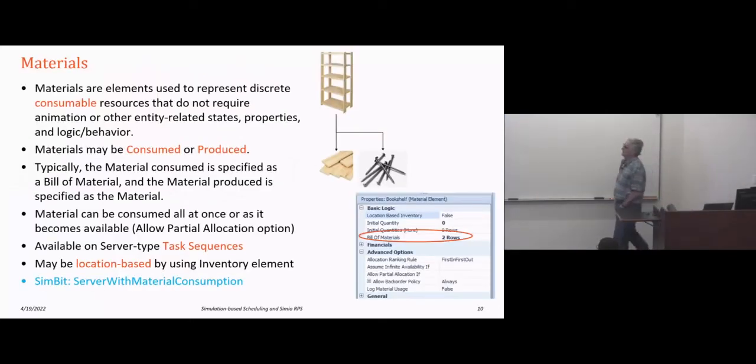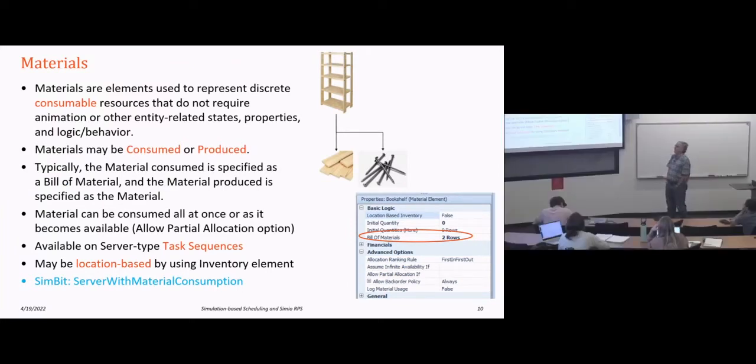We talked about materials. They're elements used to represent consumable resources where I don't need to animate and I don't need to track entity-related states and properties and have logic and behavior and all of that kind of stuff. It's essentially just a counter. And then I can consume and produce. Typically we consume for the bill of materials. Like in our Obby electronics, when an order goes to kitting, we're going to consume all the constituent materials.